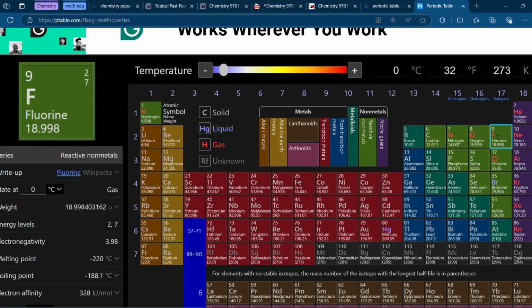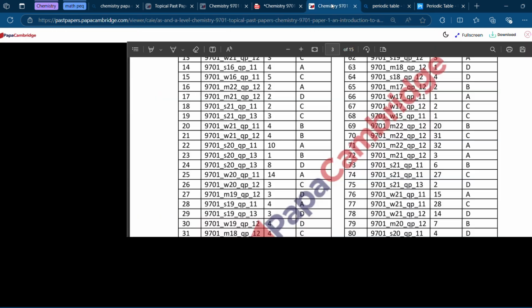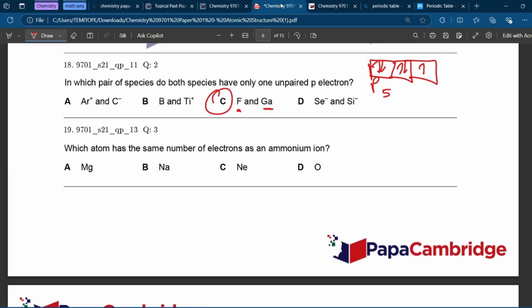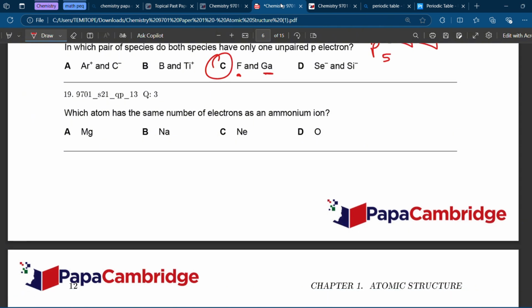Now we look at which one has a p5. You can go to your periodic table. Actually, let me pull up the periodic table so we can see.